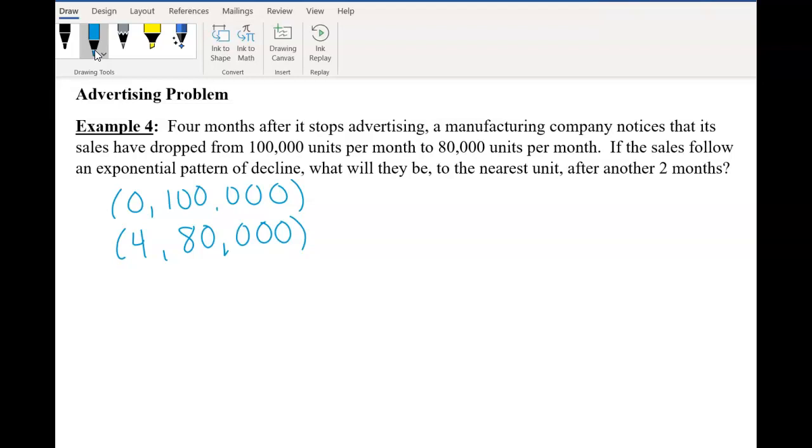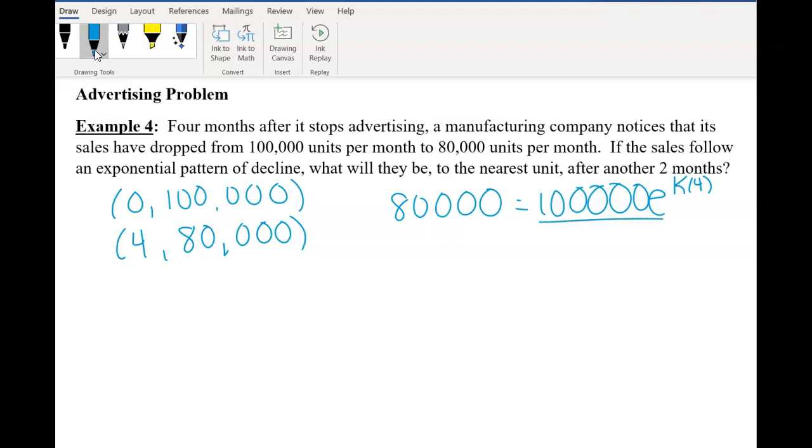Solve for k. So initial condition is 100,000, and at 4 it is 80,000. So we'll put a 4 and an 80,000 in for t and y.